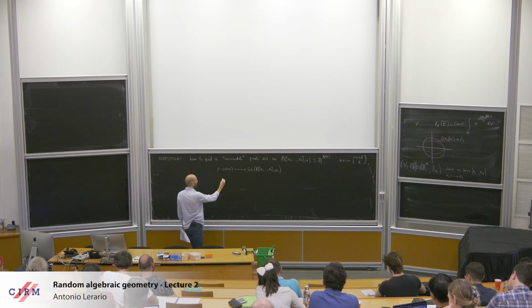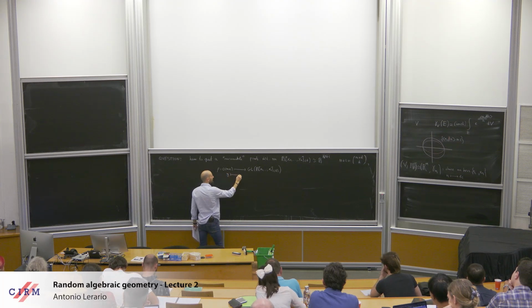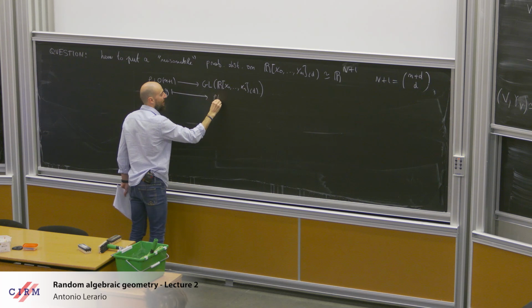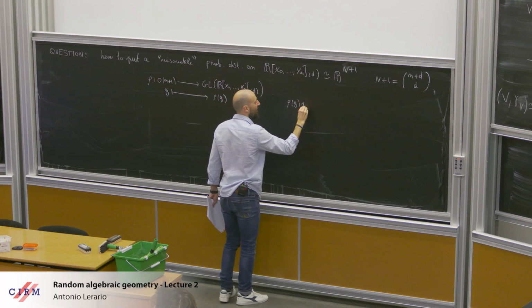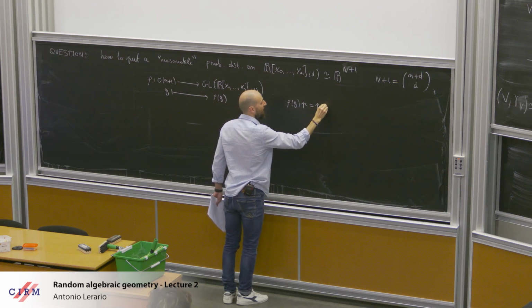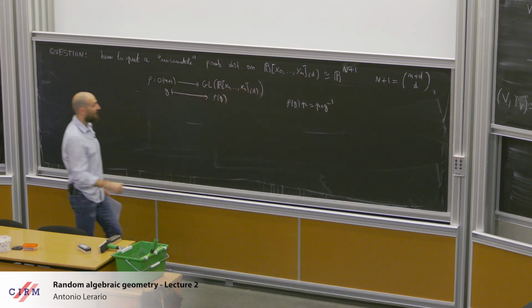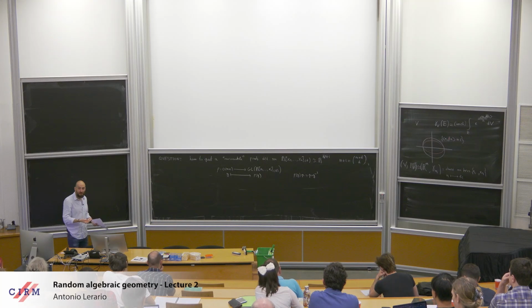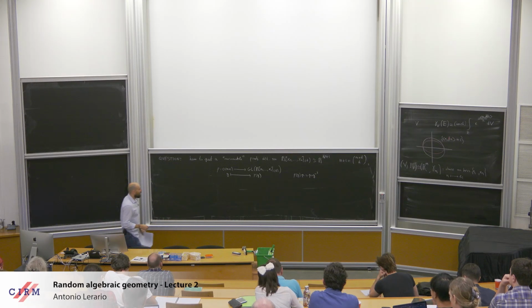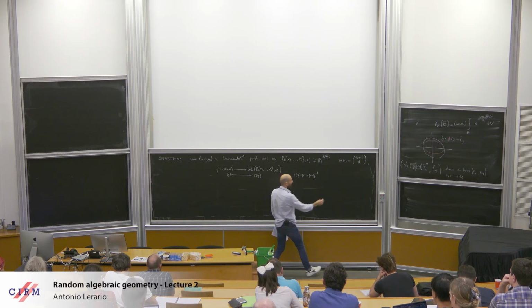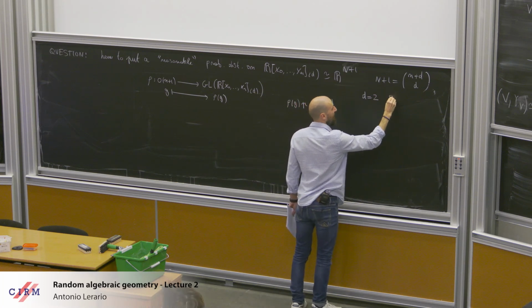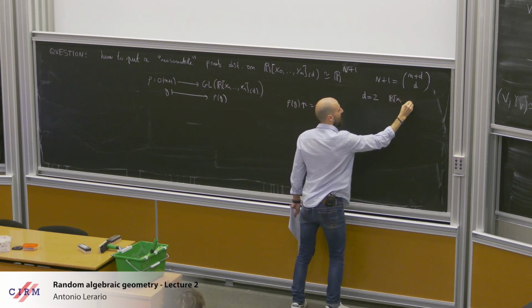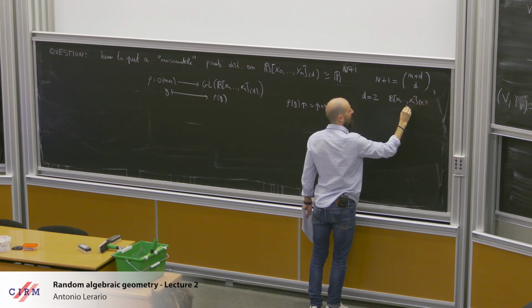Okay, so you take, as I said, a matrix G, and you have this rho of G, and rho of G of a polynomial P is just P composed G^(-1). So it's a representation of the orthogonal group into the space of polynomials. If you want to have an example, maybe, when the degree is 2, the space of polynomials is isomorphic to the space of symmetric matrices.